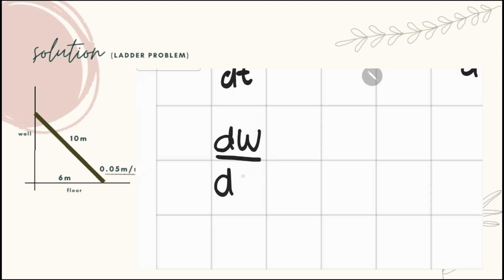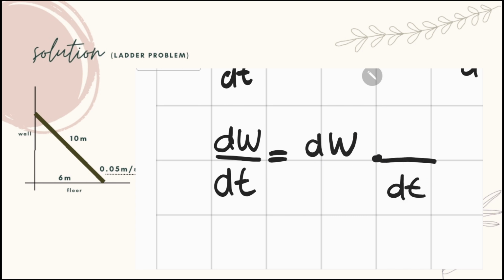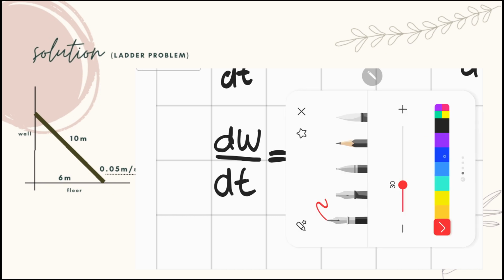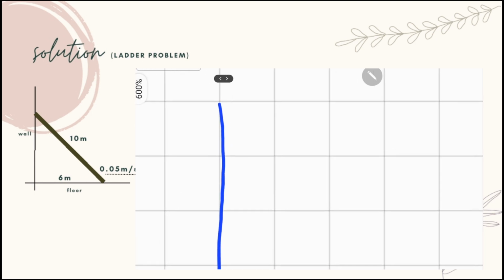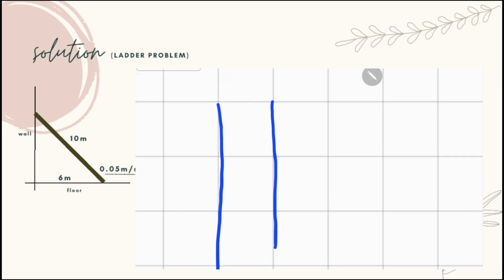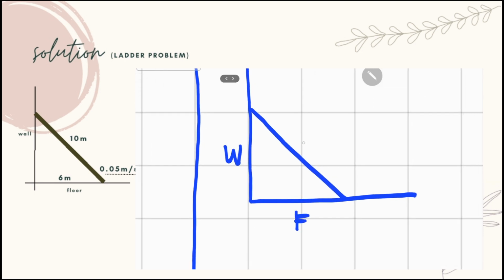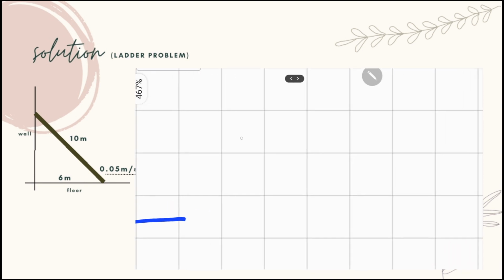We can say that dw over dt is equal to dw over df times df over dt. We can find the variable w using Pythagoras theorem, since the picture we drew was a triangle. b square plus c square equals a square.